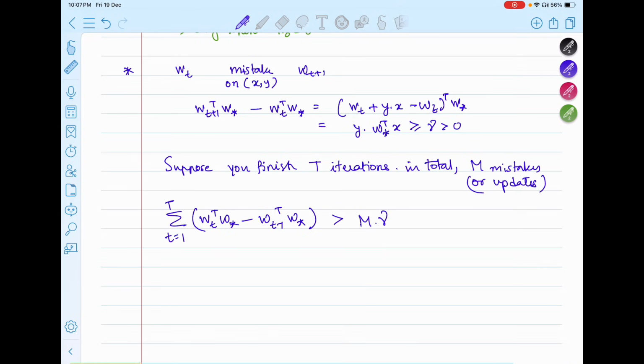And these updates have taken place M times, so it is at least M times gamma. But it doesn't end there. M times gamma minus W0 transpose W star. This is what it is bigger than. Again, if you're assuming that W0 is 0, then you can say it is bigger than M times gamma, right?